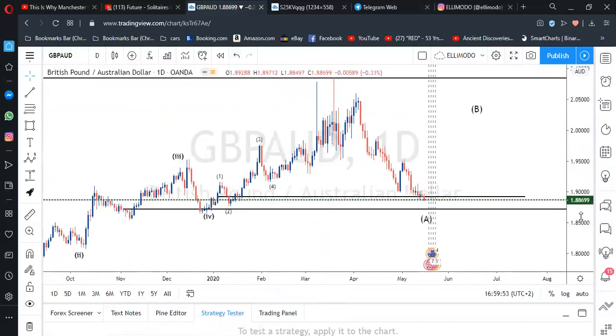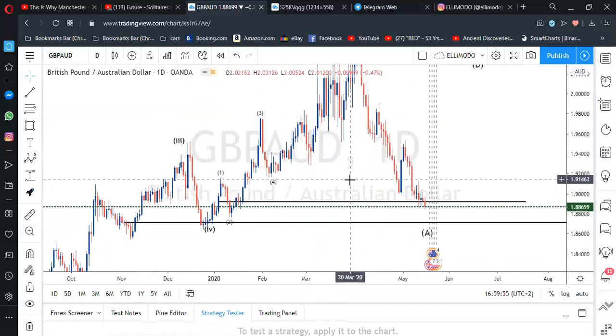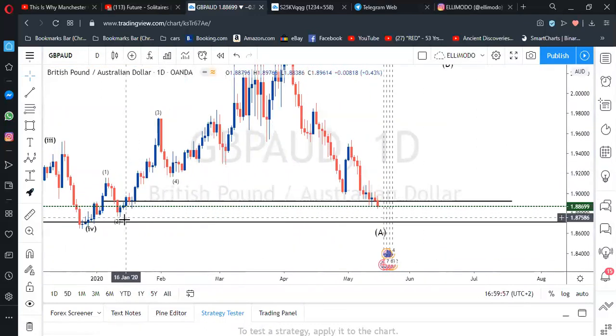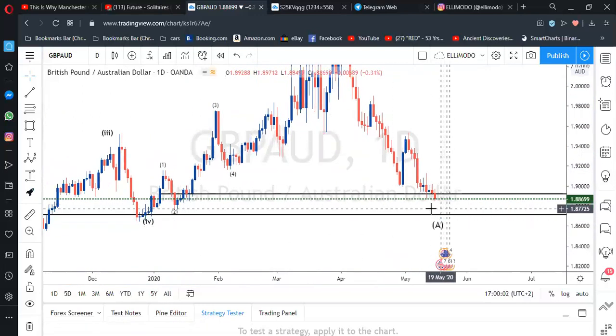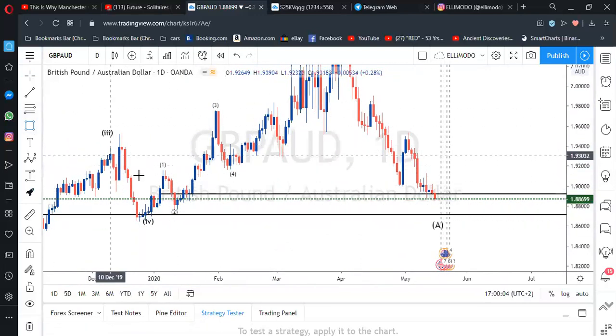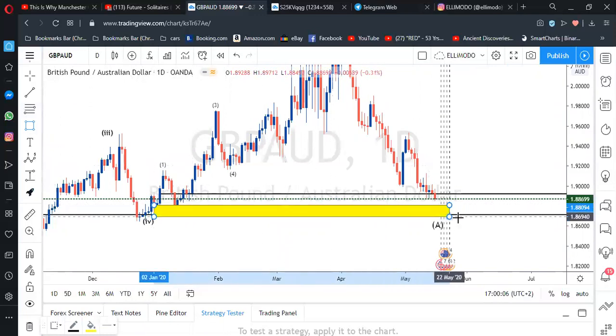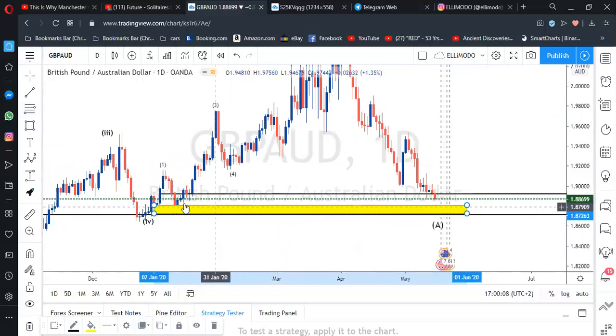So yeah, it would look like this. So we have an entry around the zone here. This is the entry point.